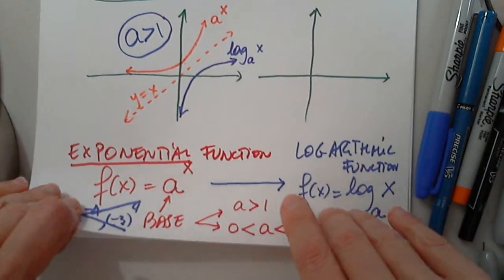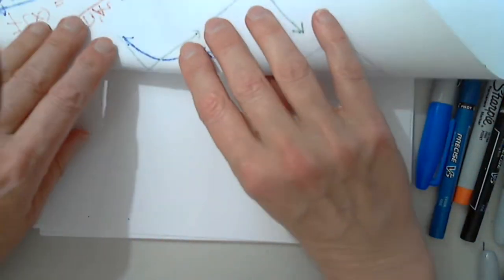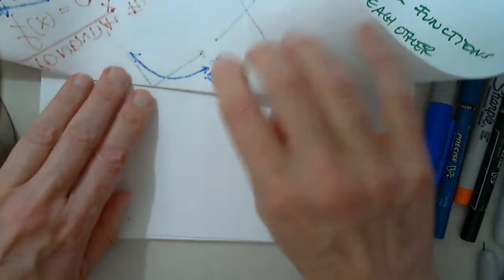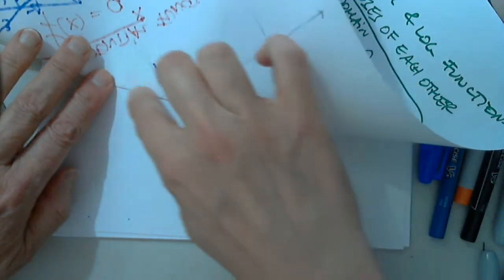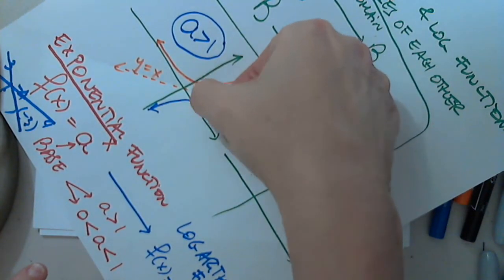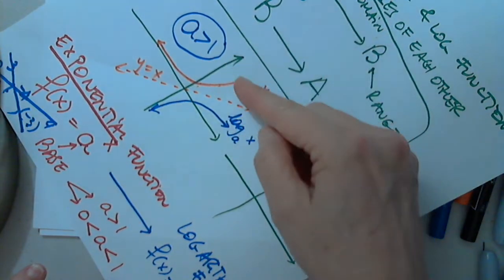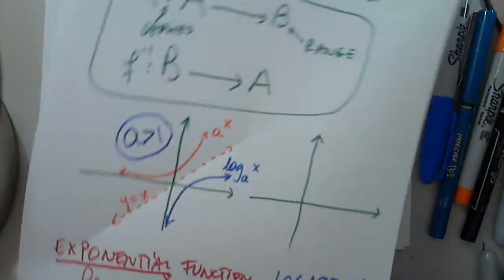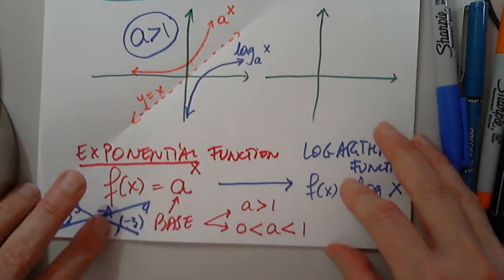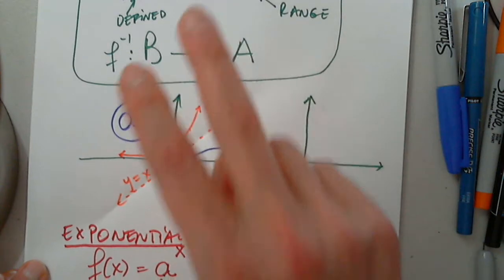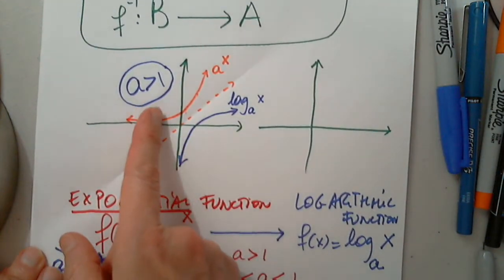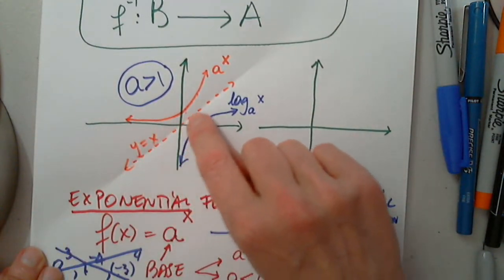I could not have done this on the chalkboard, right? So these have to be completely overlapping with respect to y equals x. Otherwise, they are not inverses of each other. This point moves here, this point moves here, across y equals x. So that's why these two not only reverse domain and range, but also have their graphs symmetric with respect to y equals x.